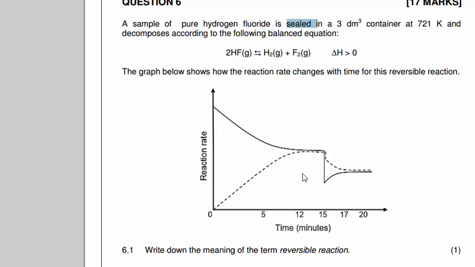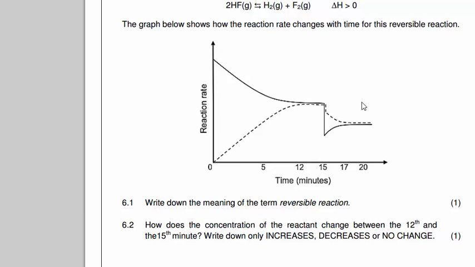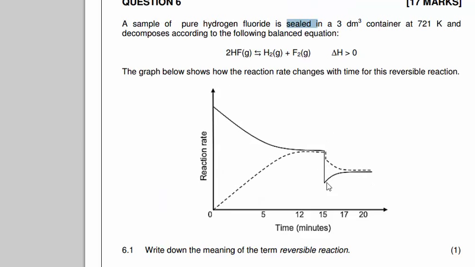I don't feel 100% comfortable with that answer now, because when I originally answered this question, I said that at this change, hydrogen fluoride was removed from the container. Okay.